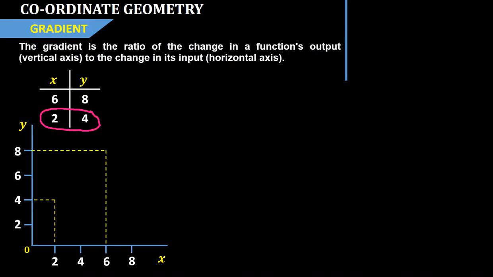Now if you look at this point, it's going to form something that looks like a triangle. You can watch this straight line go here, and the other line straight down, and then you have a triangle, which is also a right angle triangle. This symbol here is called 90 degrees. So this is a right angle triangle.